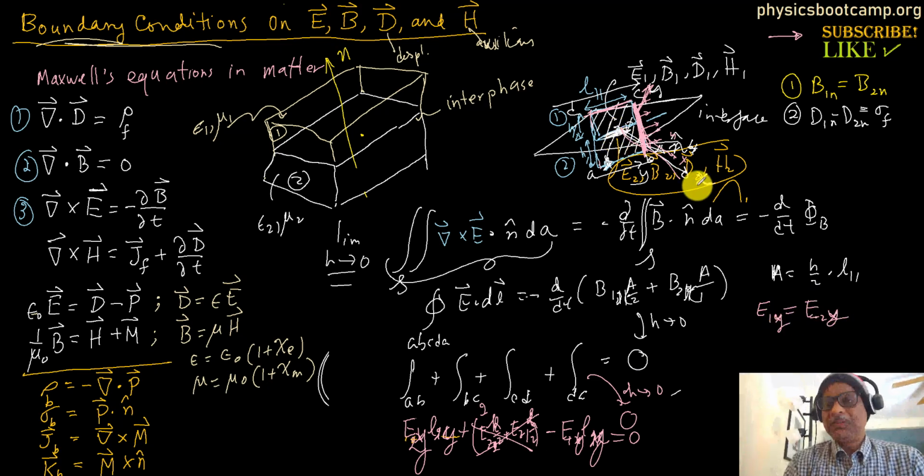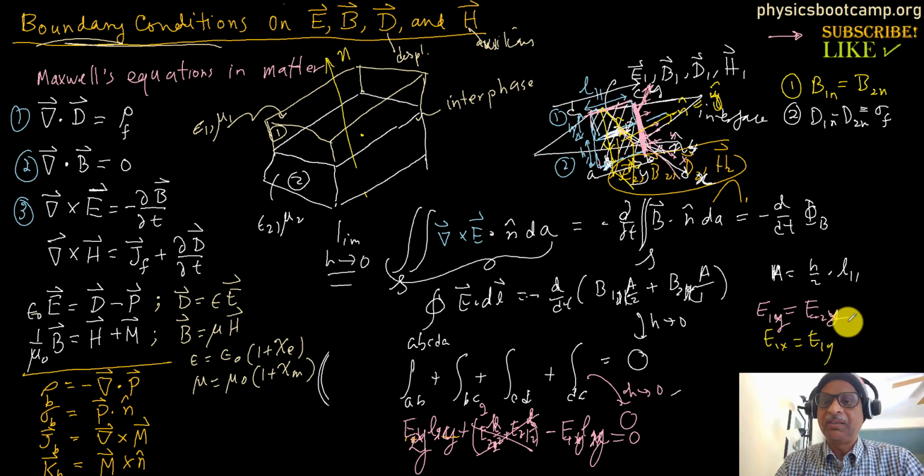So when the normal was along the x direction, we formed this. I can take a loop with the normal along the y direction. If I take a loop pointed that way, with the normal equal to j hat, the y direction, then using that loop I'll get E1y equal to E2y.